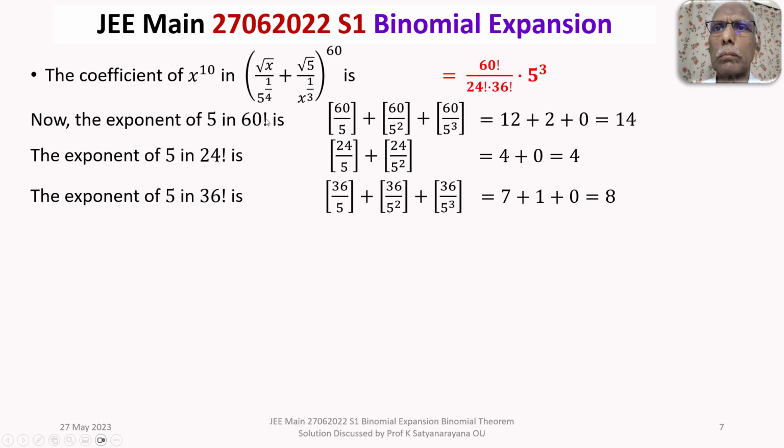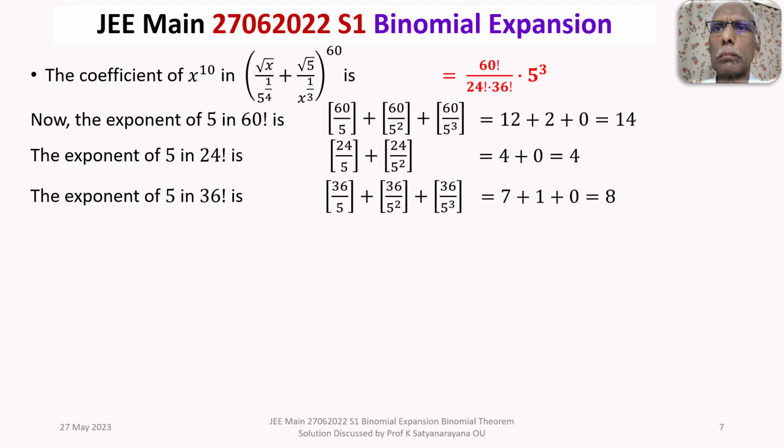So that means from 60 factorial, we extract 5 to the power of 14 as the factor. The remaining part of 60 factorial, after dividing by 5 to the power of 14, is relatively prime to 5. That means it doesn't have 5 as a factor.